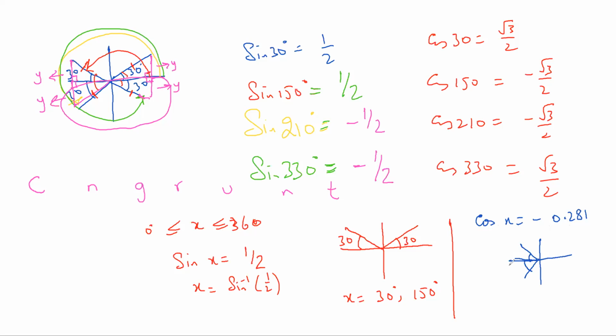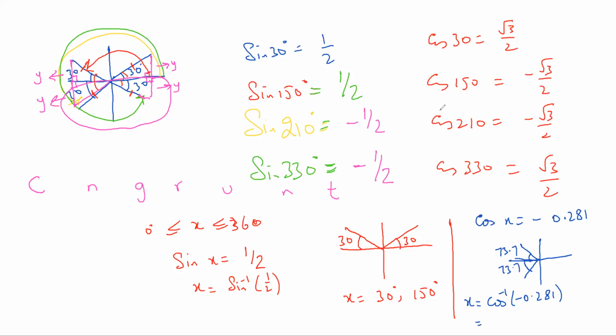Now, from your calculator, bacho, a very important step: you will not write this minus in your calculator. Just find the cos inverse of 0.281, because of this minus, I have already marked these two quadrants where our cos is negative. The calculator gives 73.7.